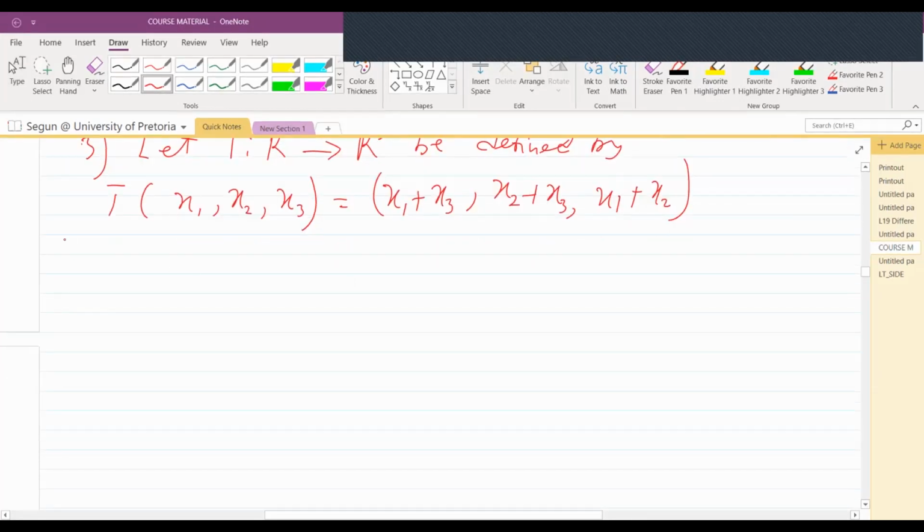The question says, is T invertible? They can ask us some of these simple questions.